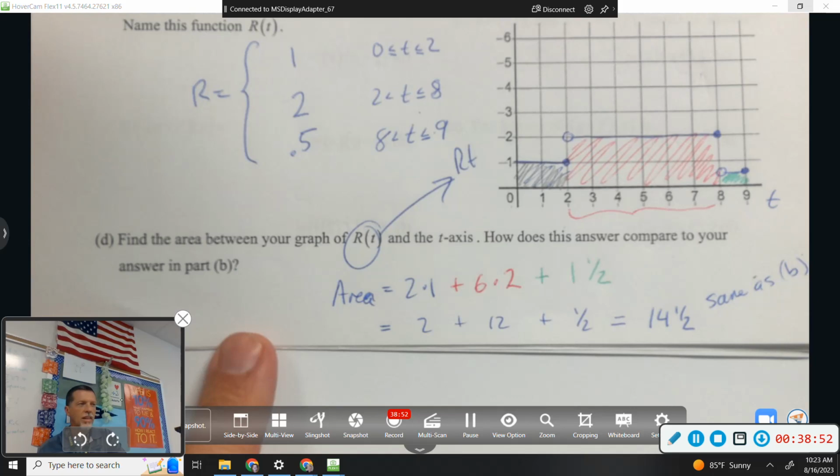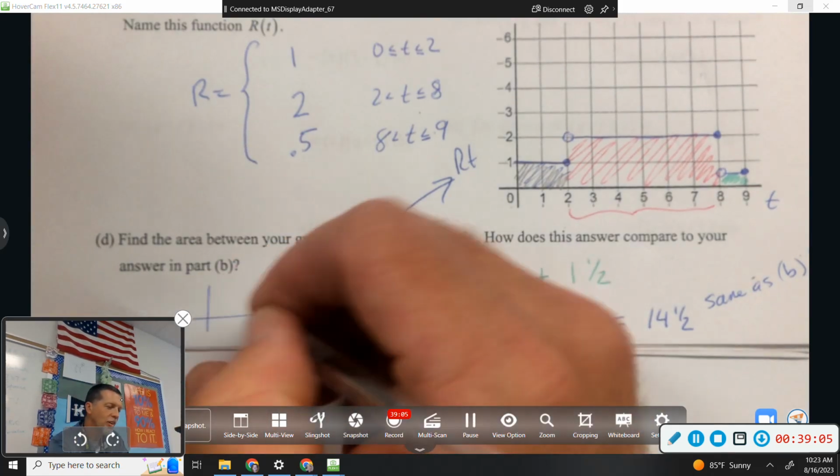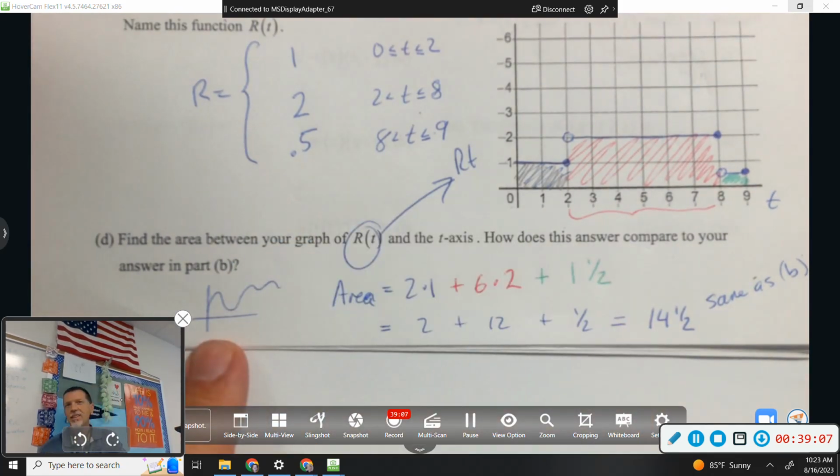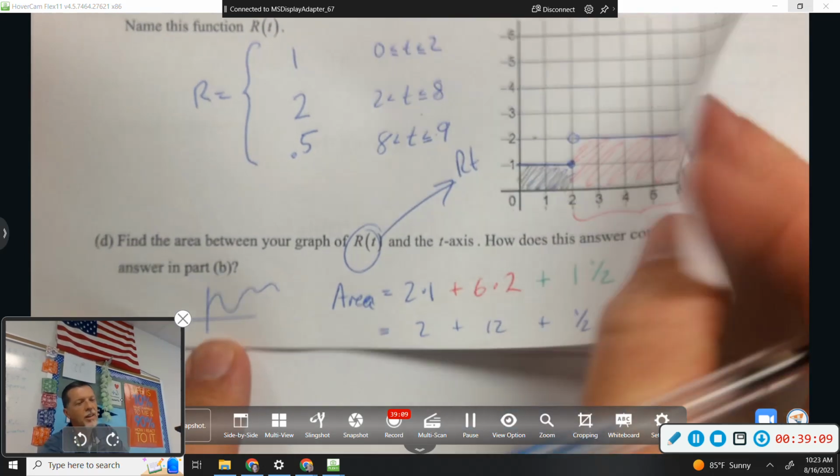The reason they ask that question is because in calculus, we do that a lot. Find the area under a curve. In calculus, though, curves are going to be like crazy looking, harder to find their area. But we'll worry about that when we get there.